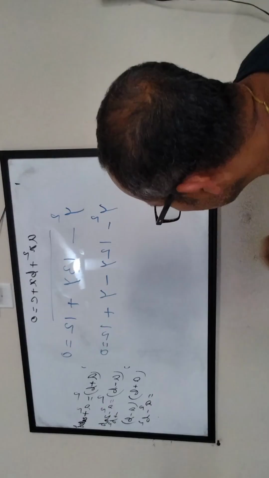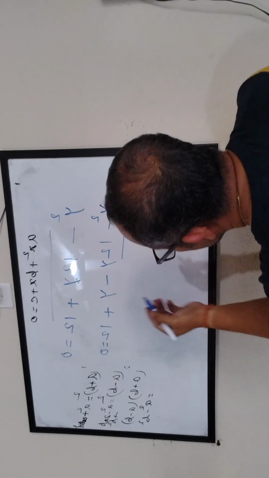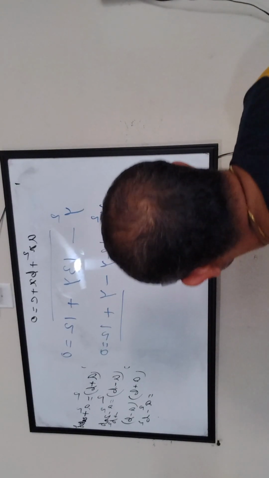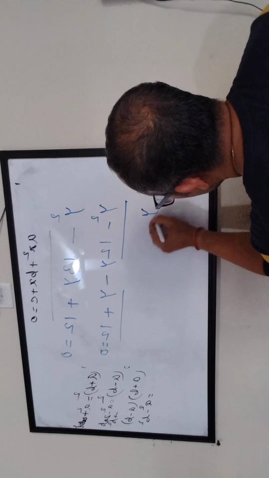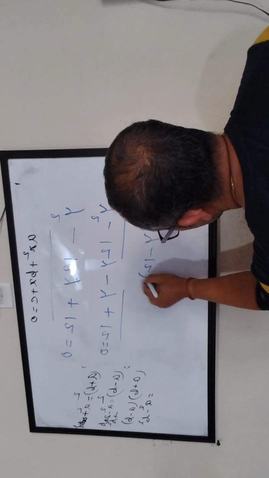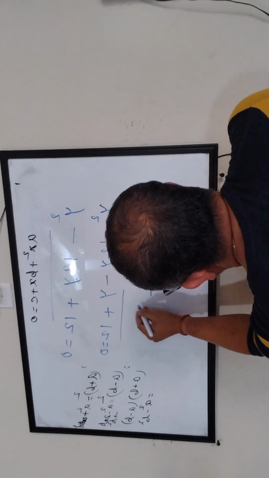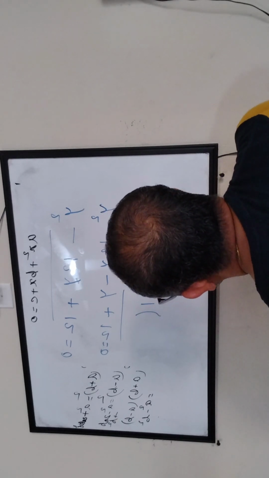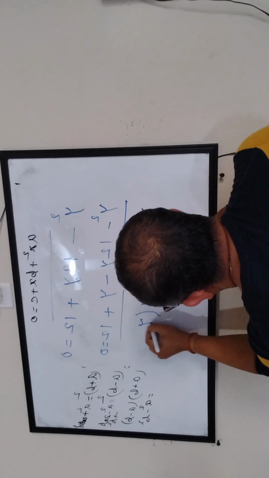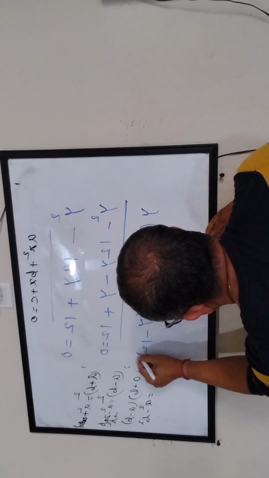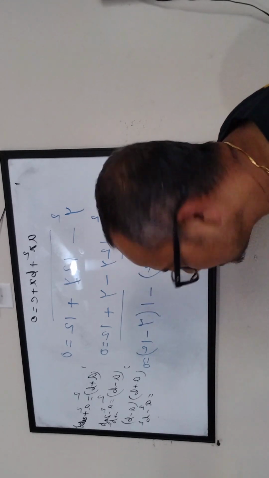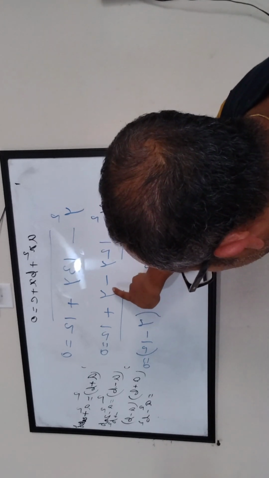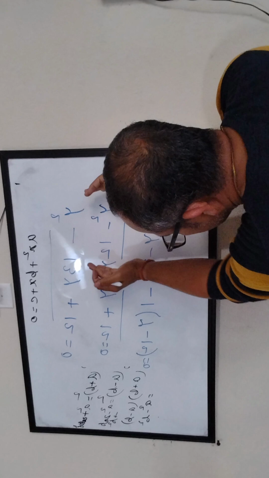Now these two together: y minus 12, and minus 1 I will take out. What do I have here? y minus 12. I've done nothing, I've just taken them in pairs.